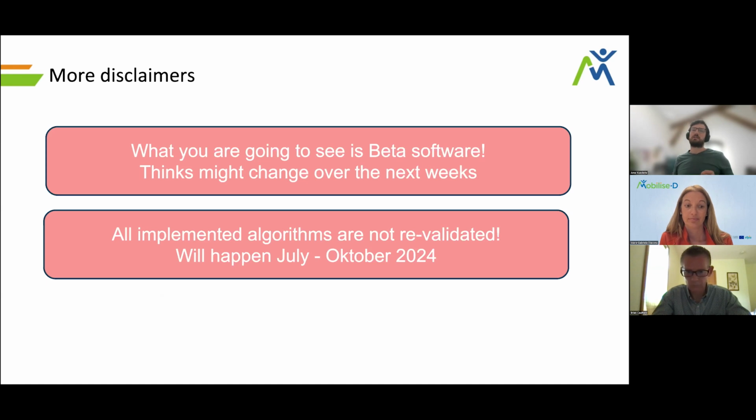That has not been done yet. So if you're using these algorithms in your research, just be aware that the performance ranges that we report in recent papers might not be 100% applicable anymore. We're quite confident that what we have now are the best possible implementations of these algorithms, so we assume they perform as well or better than the old implementations, but there's just no official confirmation of that.